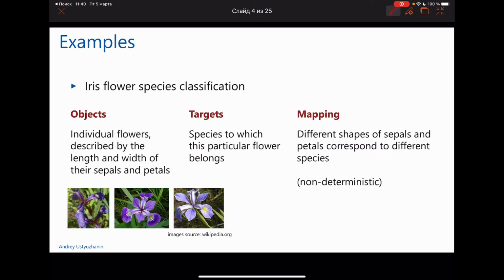Some examples give you a little better intuition of how it works. In the case of classification of images of flowers, one might be interested in identifying species, and every flower is described by certain properties like length and width of sepals and petals.